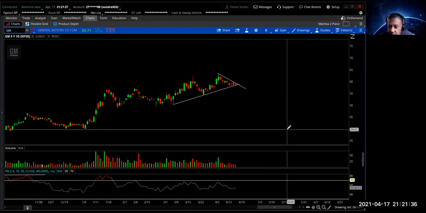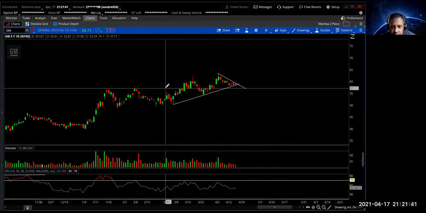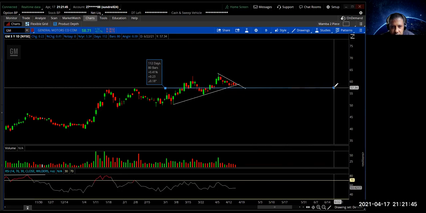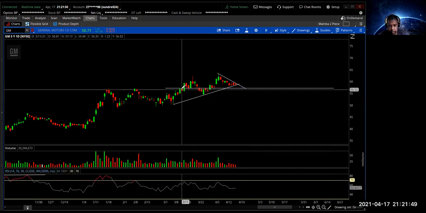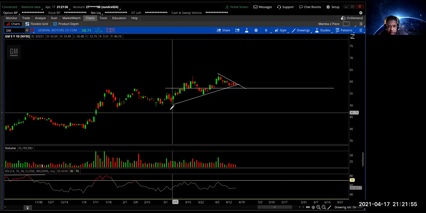On a trade from a trader's perspective, we could be finding hanging back in this little area. We might come down to 57.11, and I'm assessing this right now.